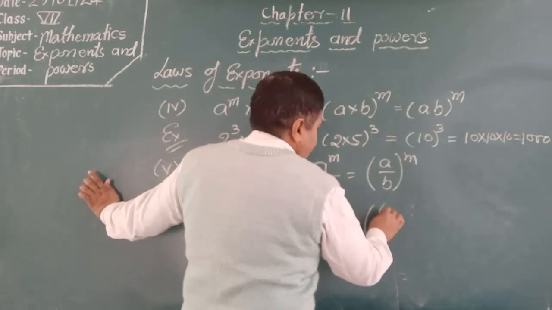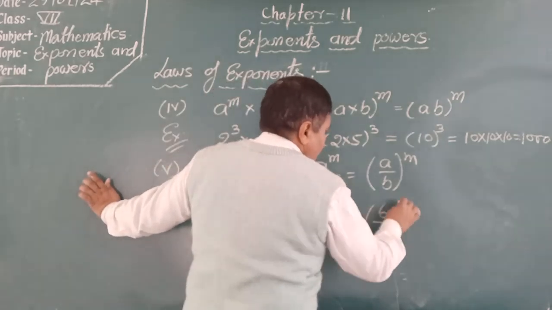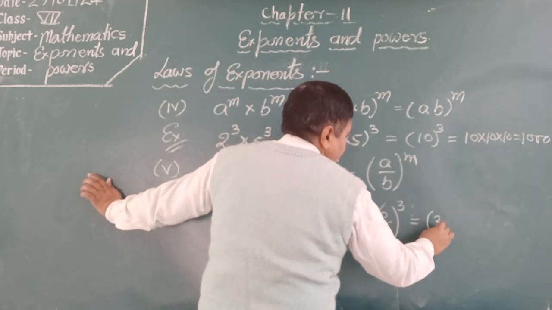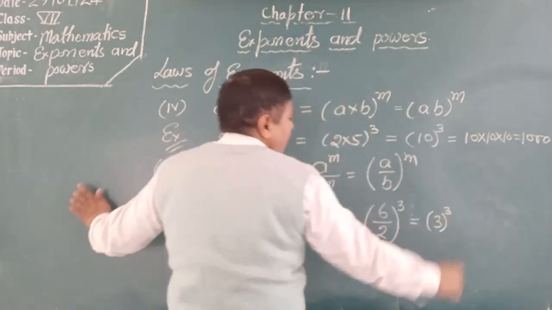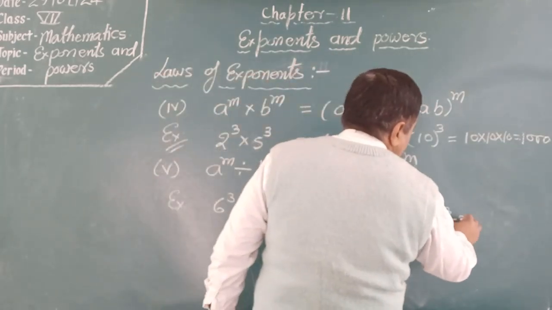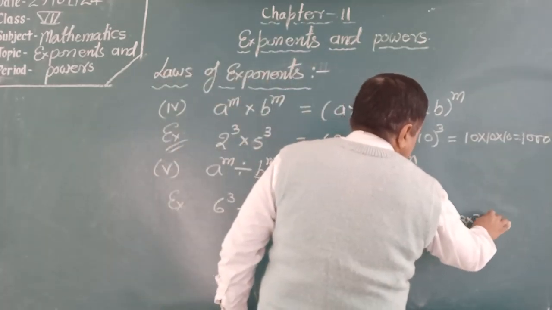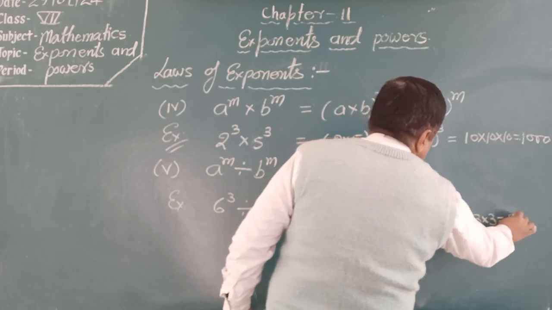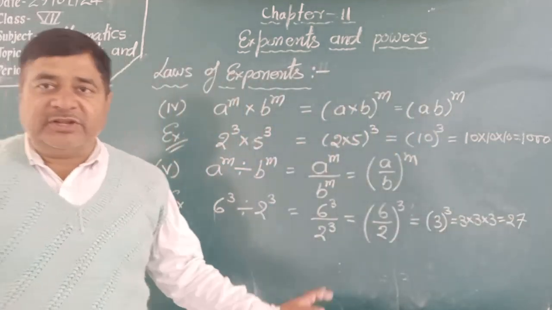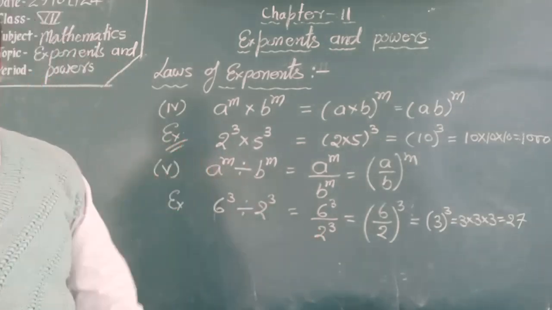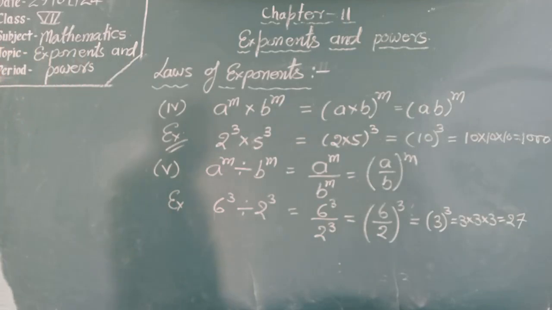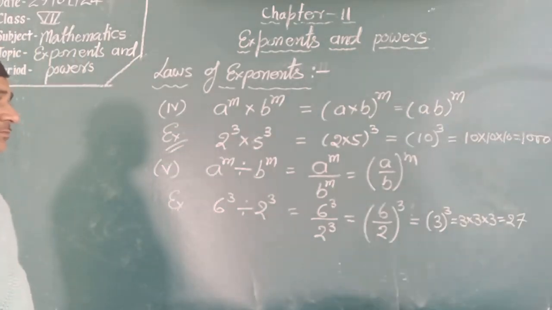This means (6 by 2) to the power 3, and this will be 3 to the power 3. 3 to the power 3 means 3 times multiplication, and it becomes 27. 3 threes are 9, 9 threes are 27.